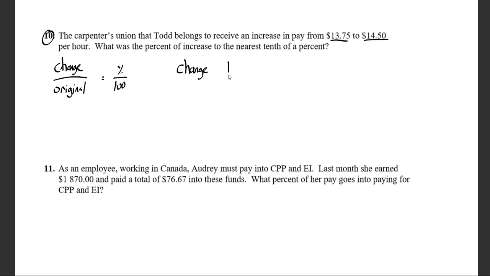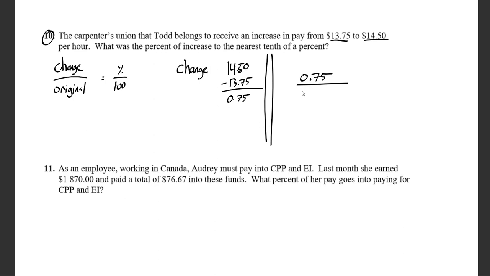So what's the difference? $14.50 minus $13.75 is a whopping 75 cents per hour. It's still progress, though. I don't know, depends when this question was written. But 75 cents per hour increase. So that's the change.